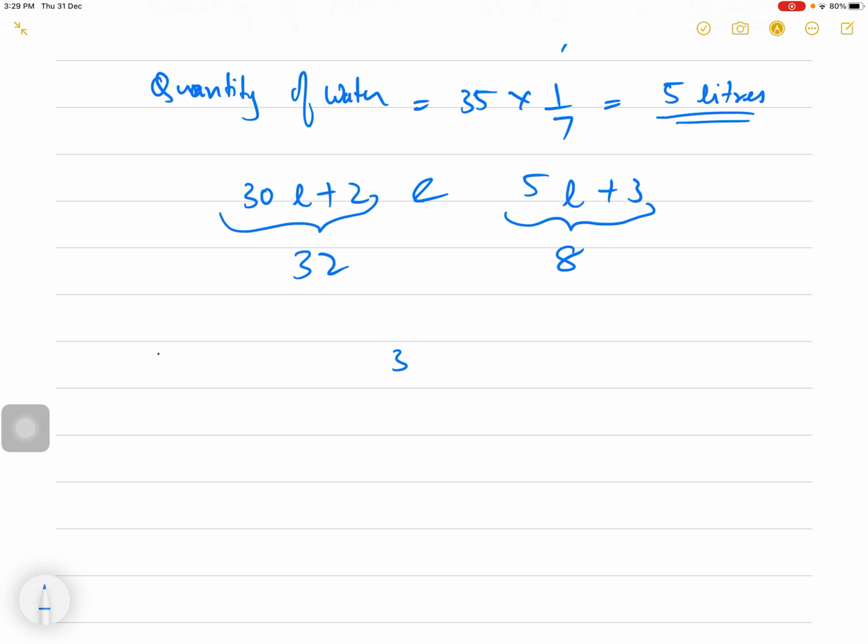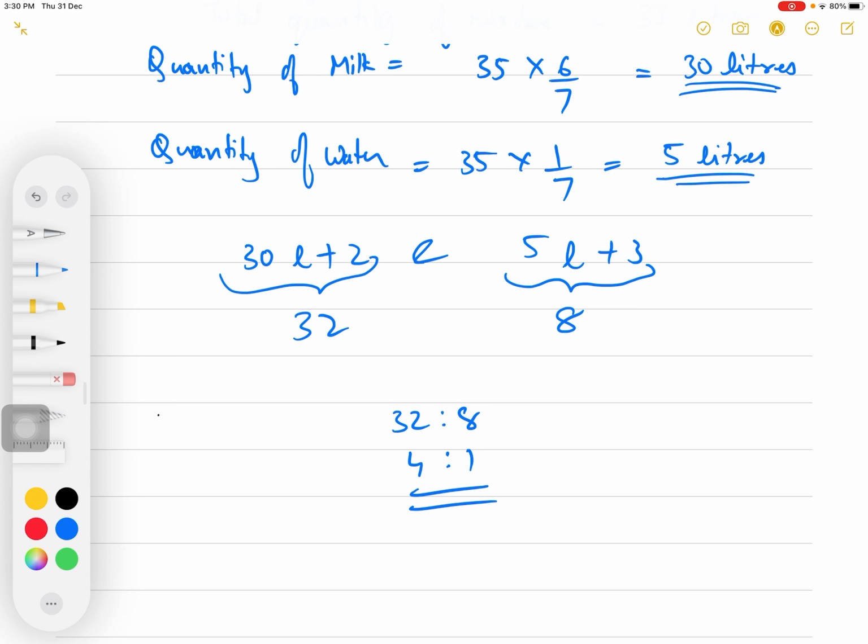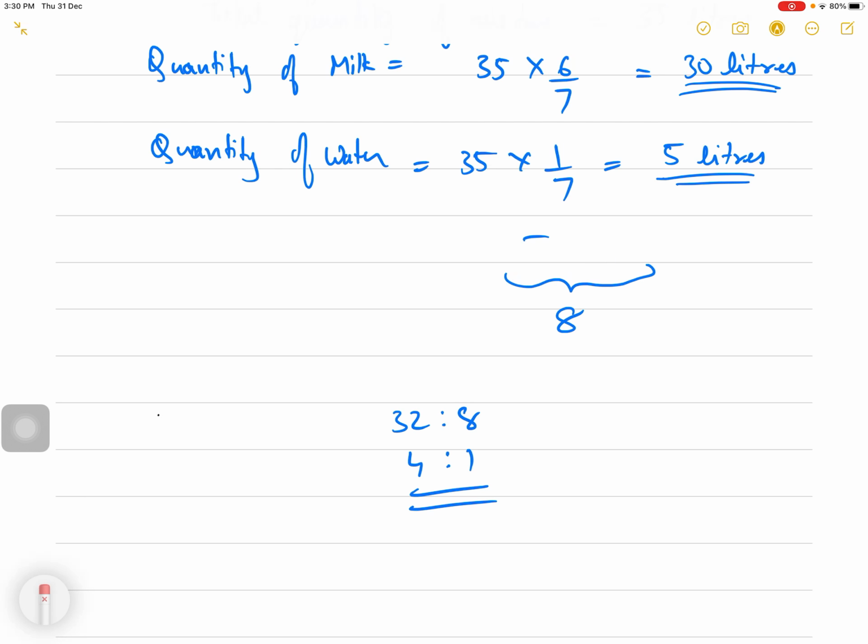So the new ratio will be 32 is to 8, right, which is 4 is to 1. So 4 is to 1 will be my new ratio. Correct? Okay, but how will you write it in the exam?